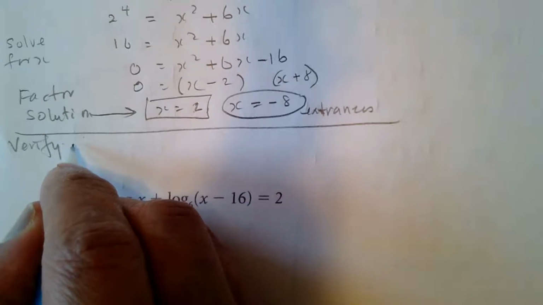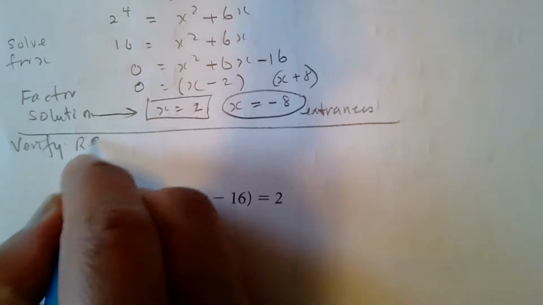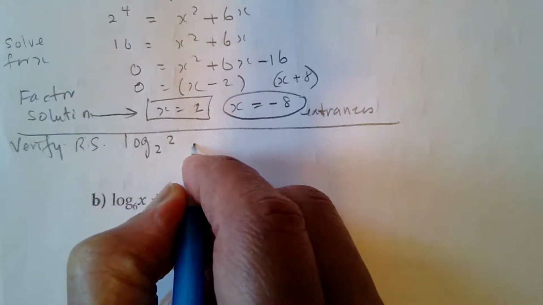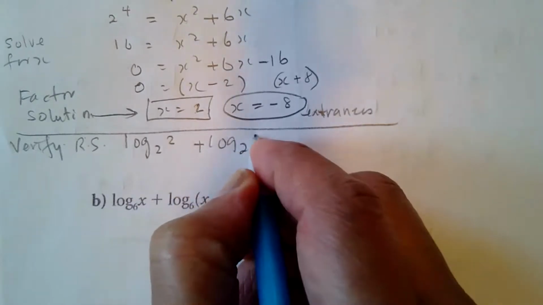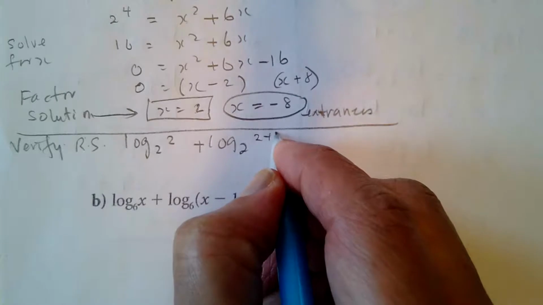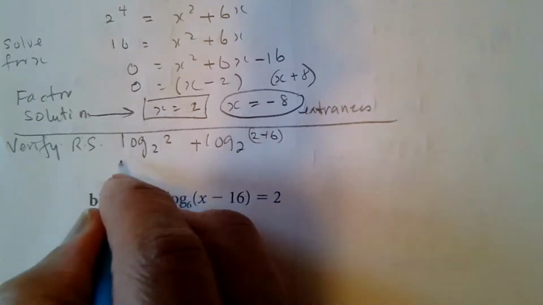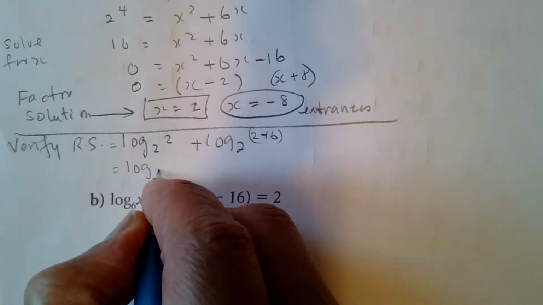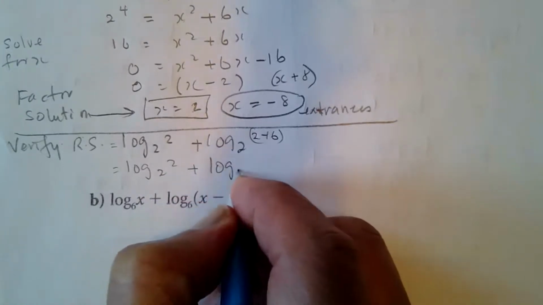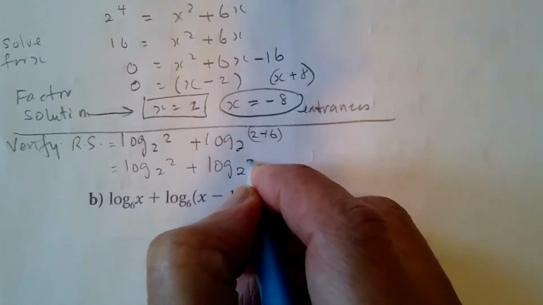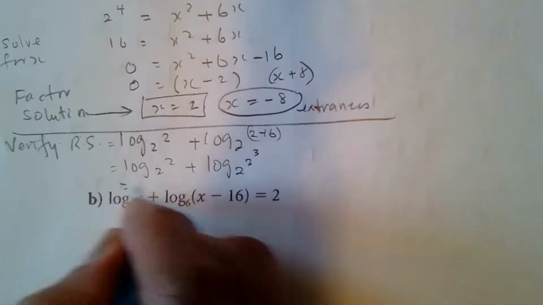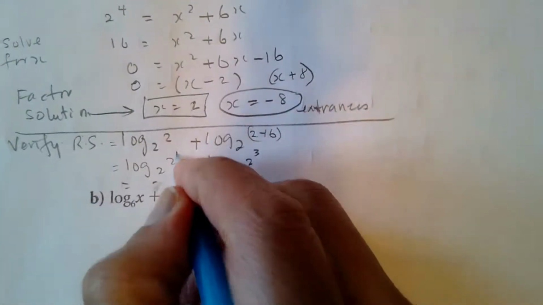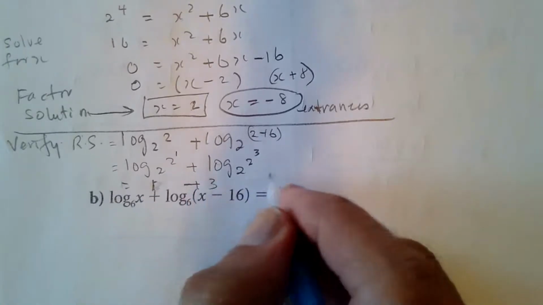So we have log base 2 of 2 plus log base 2 of 2 plus 6, which is log base 2 of 2 plus log base 2 of 2 to the 3. So it's 1 plus 3, so 4.